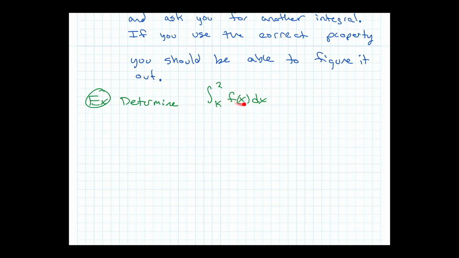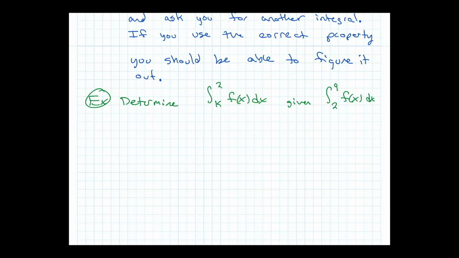So just because you see this f of x and you say, oh, we don't know what the function is, oh, they have a k, I don't know what k is. Yeah, you're not supposed to know. They don't want you to know. It's just an unknown number or an unknown function, whatever it is. All right, so they say determine this integral given the integral from 2 to 9 of f of x dx.